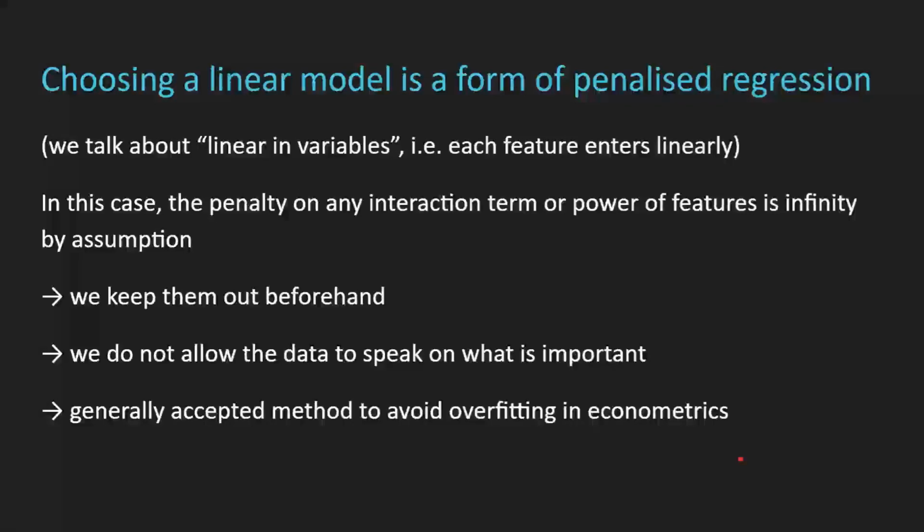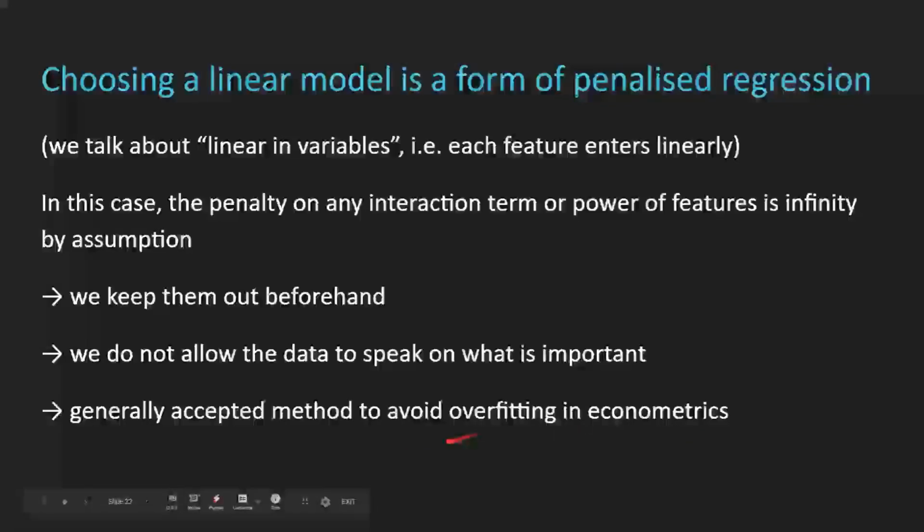So that means we actually do not let the data speak on what is important, but make this by assumption. That also avoids overfitting, but we might not have left in the features that matter for prediction. Nevertheless, this is a generally accepted method to avoid overfitting in econometrics.